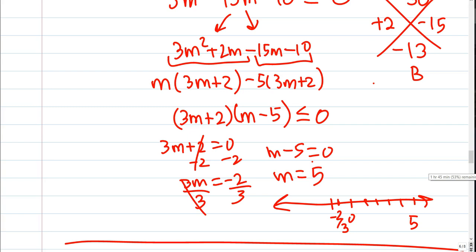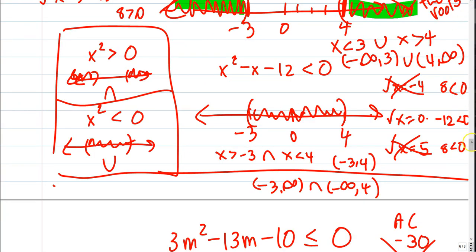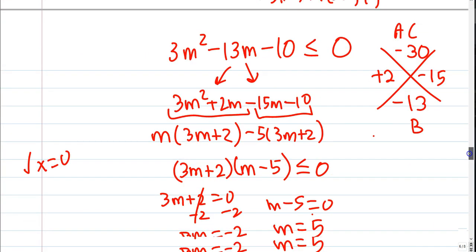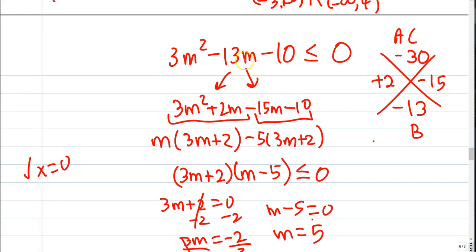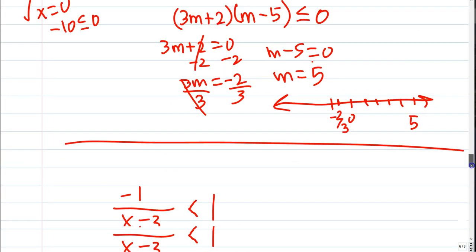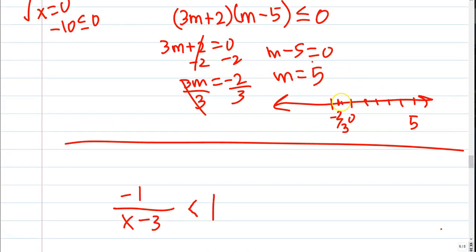Check 0. Going back to the original equation, if I plug in a 0, I get 0, 0, -10, less than or equal to 0. That is true. So that tells me I'm shading in the middle of these.